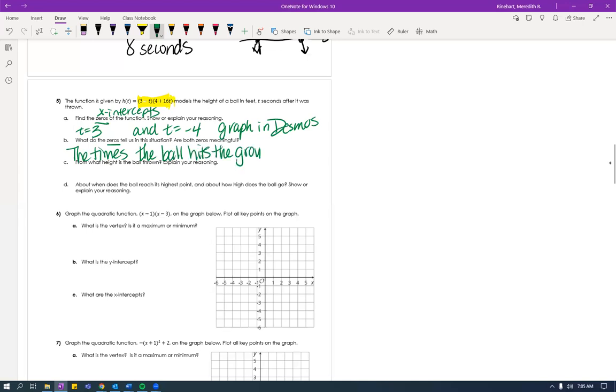And then it asks if both of our zeros are meaningful. No, they are not. We can't have negative seconds, so I'm going to say it's irrelevant, because you can't have negative time.